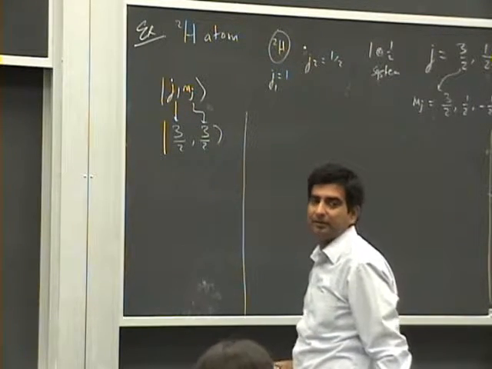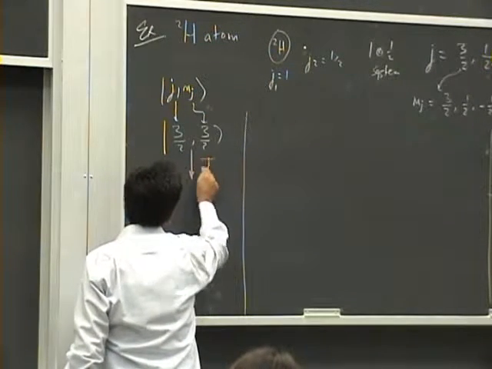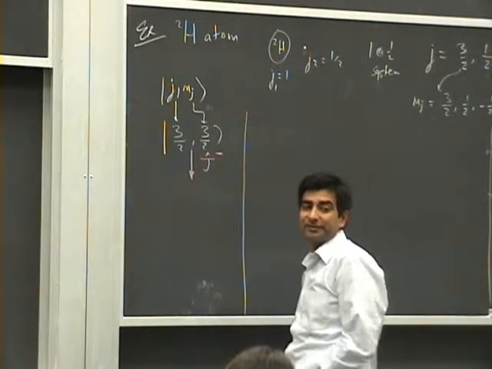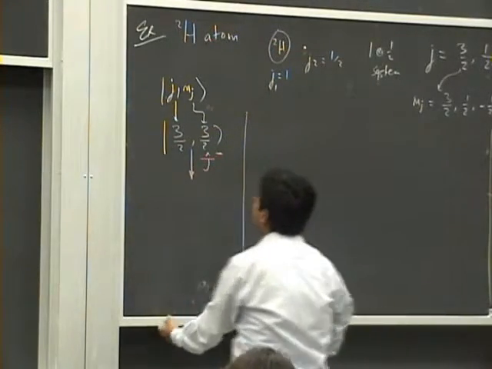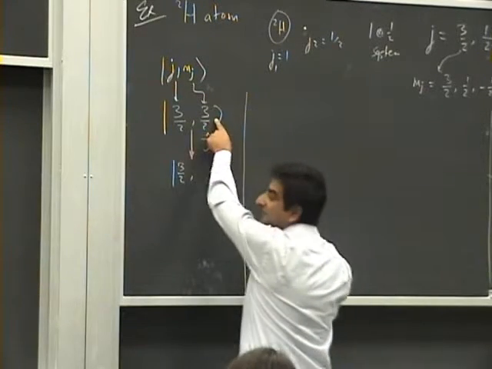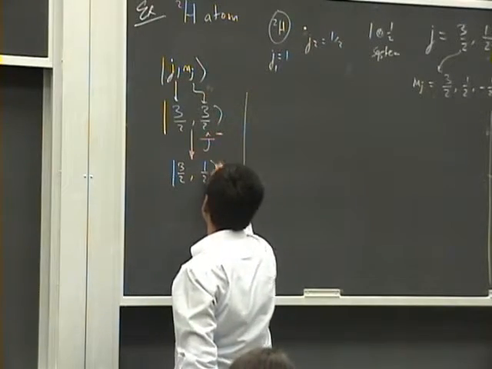Okay. The next state, which I can achieve from this state, is by the action of the total lowering operator. What this total lowering operator does is that it just decrements the value of mj, the total z component, and I get half here.